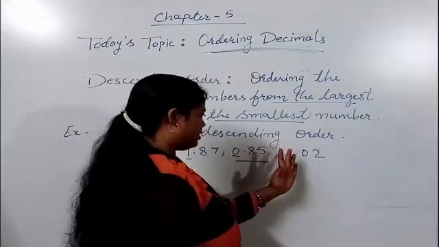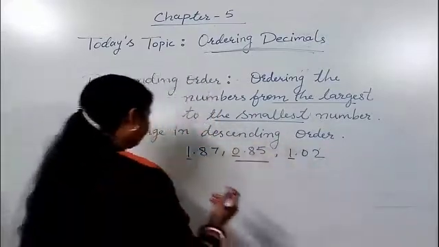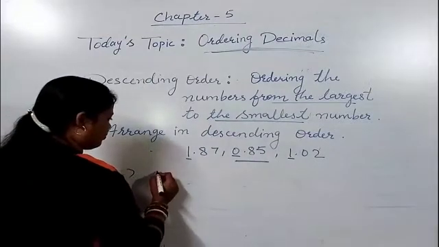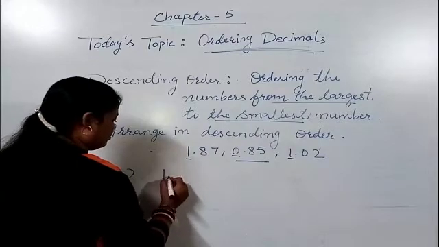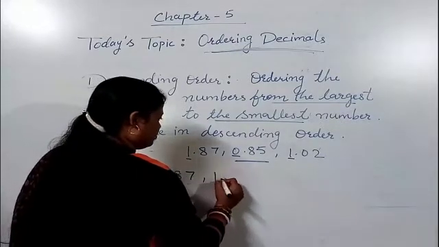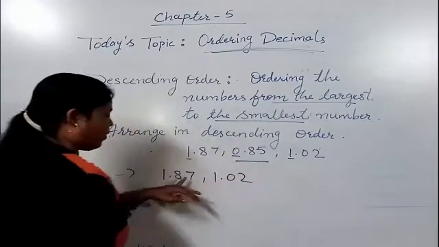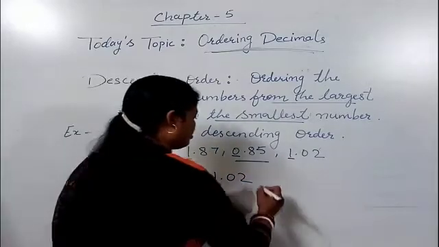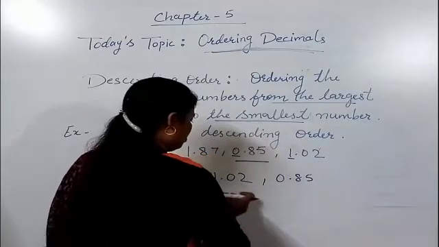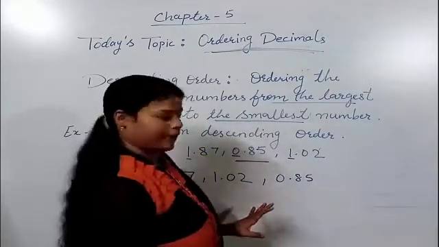Let us rewrite again: 1.87, 1.02, 0.85. These two we still have to compare.